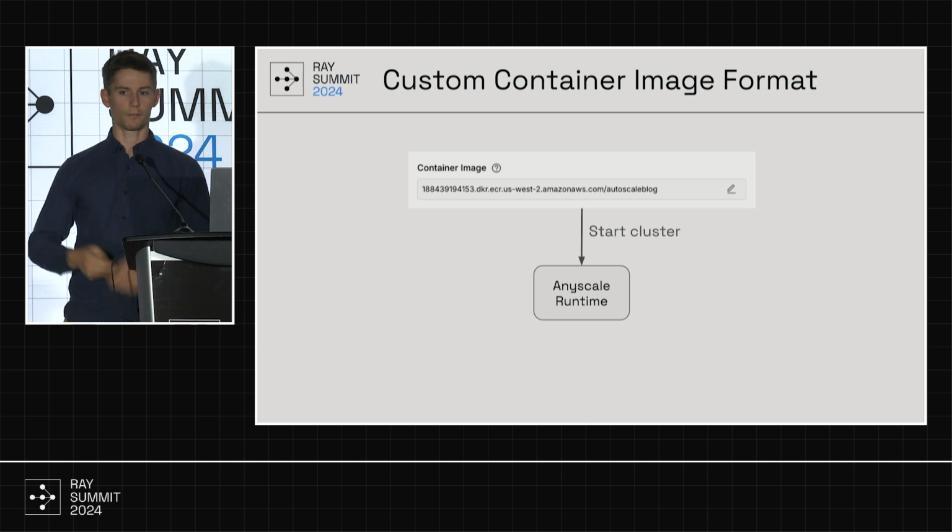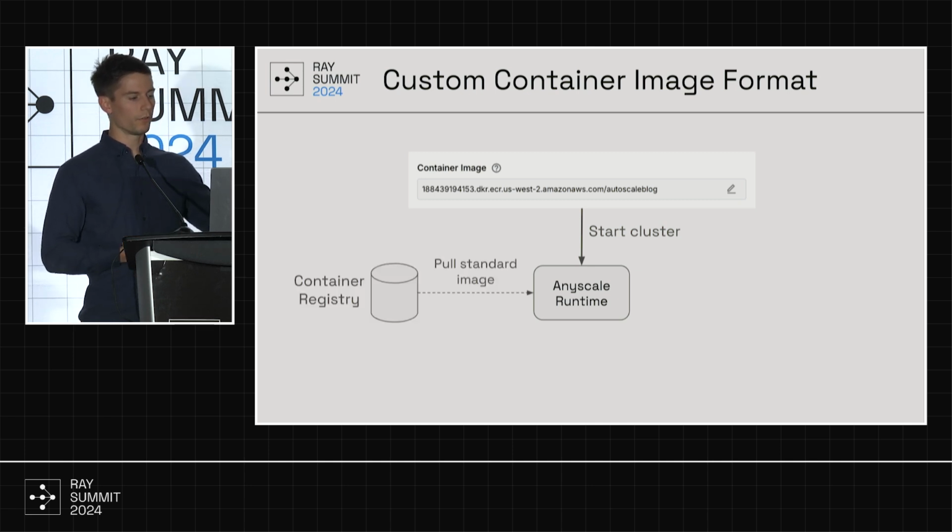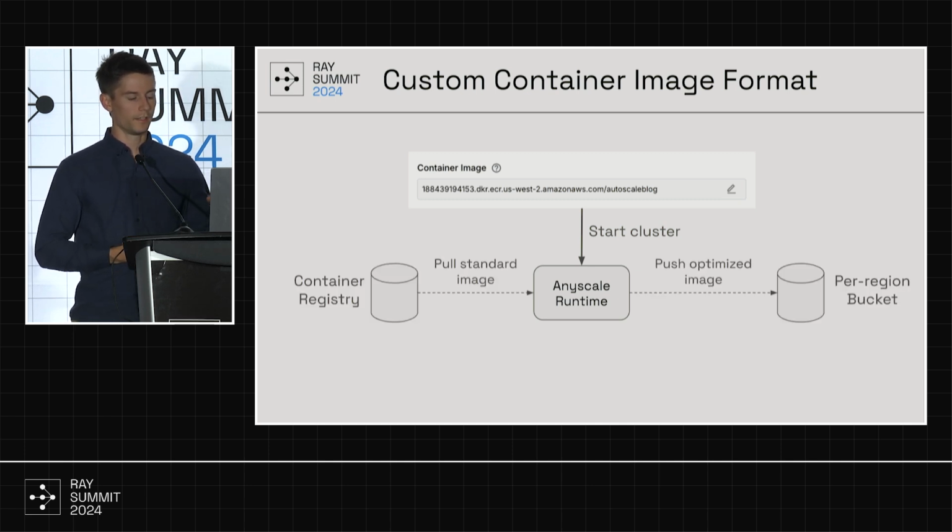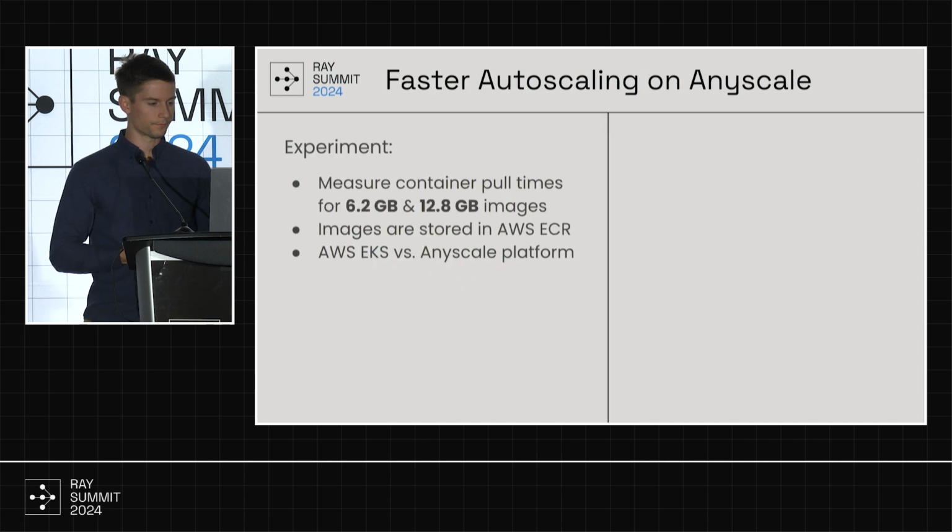It's basically just a Ray image with custom dependencies, very similar to what you would use with Kubernetes. The first time you use this image, we pull it from the container registry, automatically optimize it into a custom image format, and cache it in a per-region bucket. Any time you use the same image after that, the startup speed will be dramatically faster.